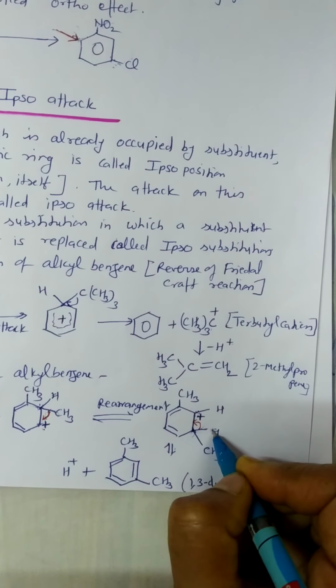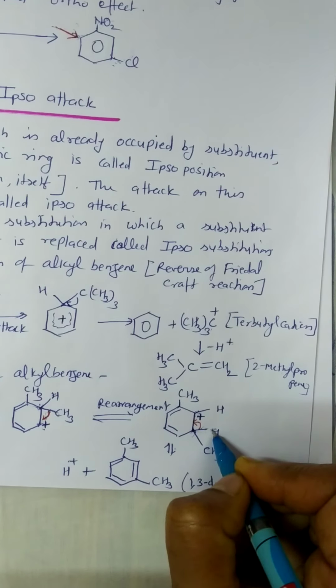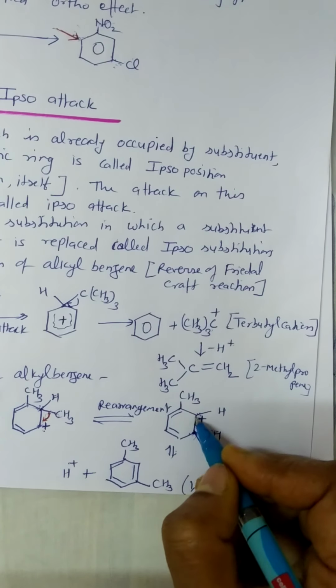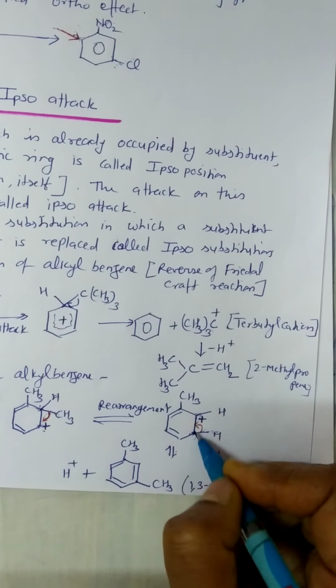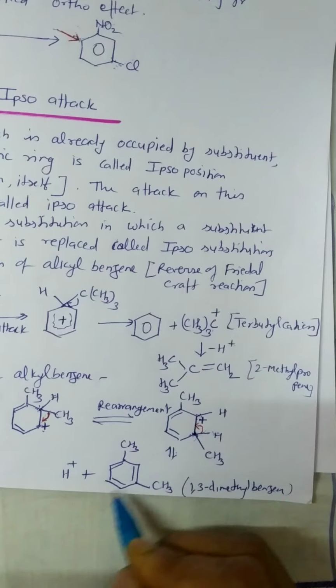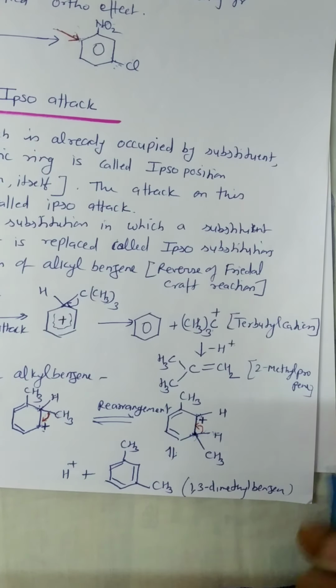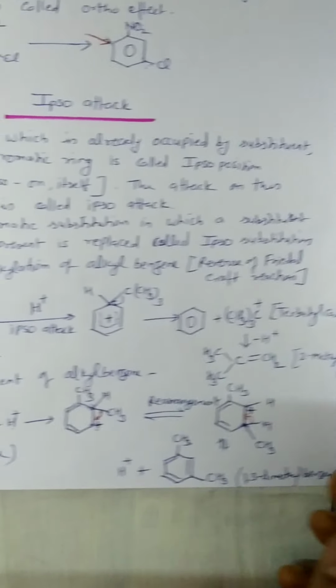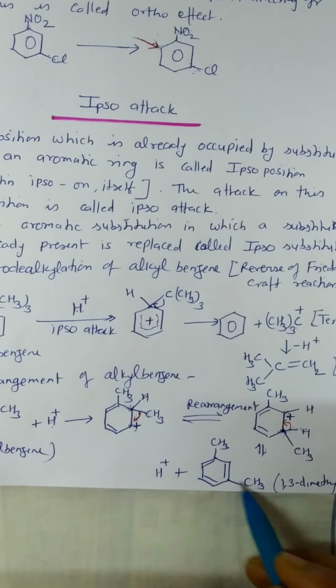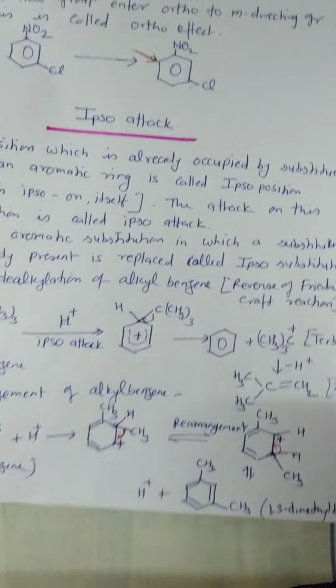This hydrogen is removed as a proton and gives its bonding electrons to this carbon atom. Therefore, this carbon atom becomes negatively charged. Here positive, here negative, bond formation takes place. Therefore, 1,3-dimethyl benzene is formed. Here the rearrangement of 1,2-dimethyl benzene to 1,3-dimethyl benzene occurs.